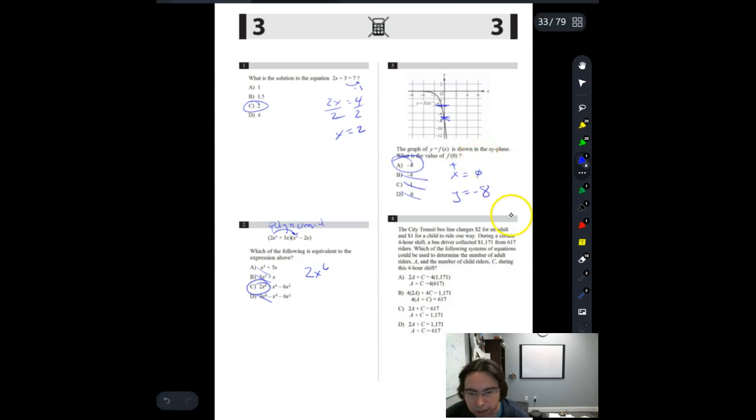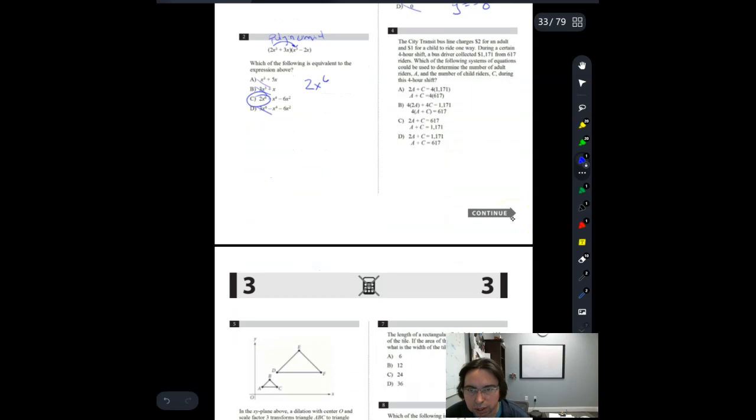Looking at number 4, we have a system of equations problem. We're developing these equations, so we know we have 2 different ones. It tells us that the city transit bus line charges $2 for an adult and $1 for a child to ride one way. During a certain 4-hour shift, a bus driver collected $1,171 from 617 riders.